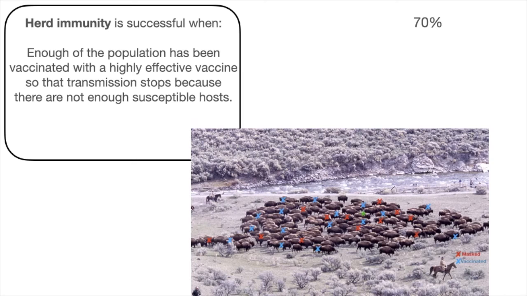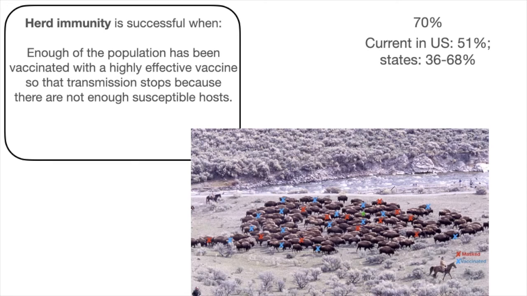For instance, measles is notoriously difficult. We really have to have 95+% of the population vaccinated against measles because it's highly contagious, and anything lower than that will not achieve herd immunity. But as far as we know, at this point, 70% of the population being vaccinated should provide effective herd immunity.